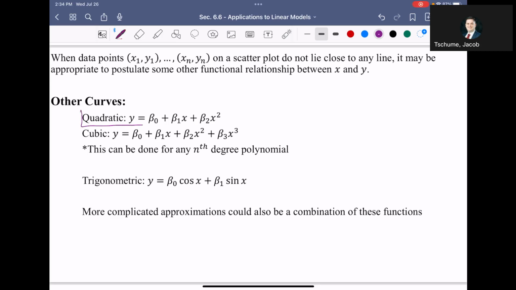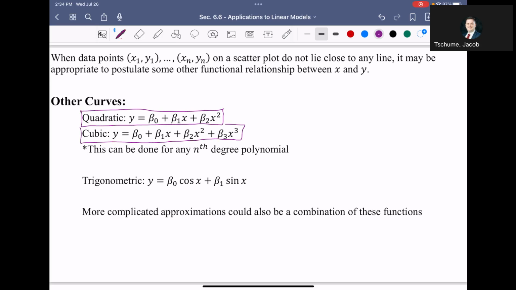If your points fall more into a parabola form, maybe it's better for you to use a quadratic equation instead. So we would do beta naught plus beta 1x, and I would add a beta 2x squared term. Maybe you need to do cubic.